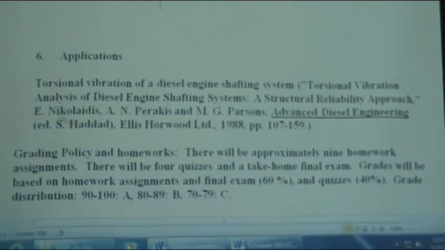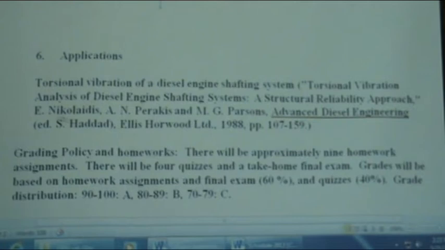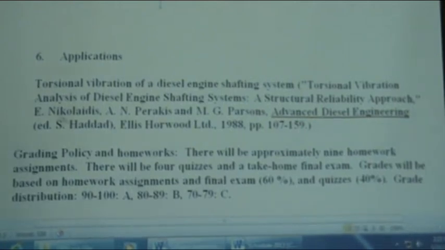So you'll see if you have an engine, how it vibrates in torsion because of some excitations, either from the engine itself, from the pistons, or other sources of excitation.